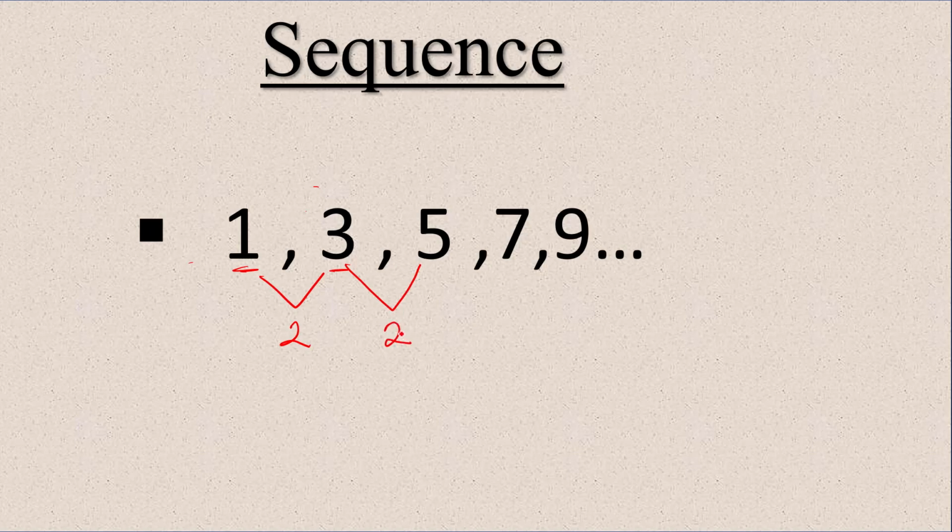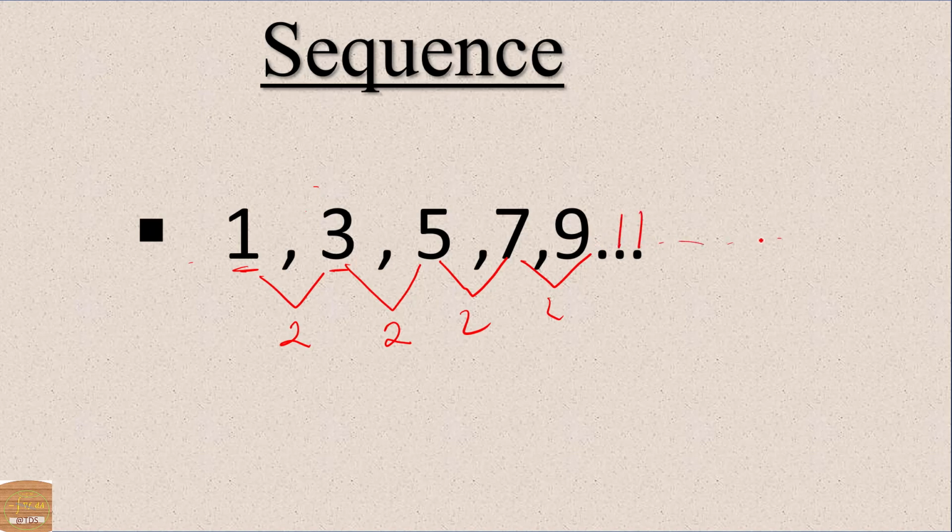Between 3 and 5, the difference is also 2. So there is a definite order. Once we detect this 2, it means there is a definite order, and with this we can tell the next number. Guess the next number. I just add 2 to 9 to make 11.